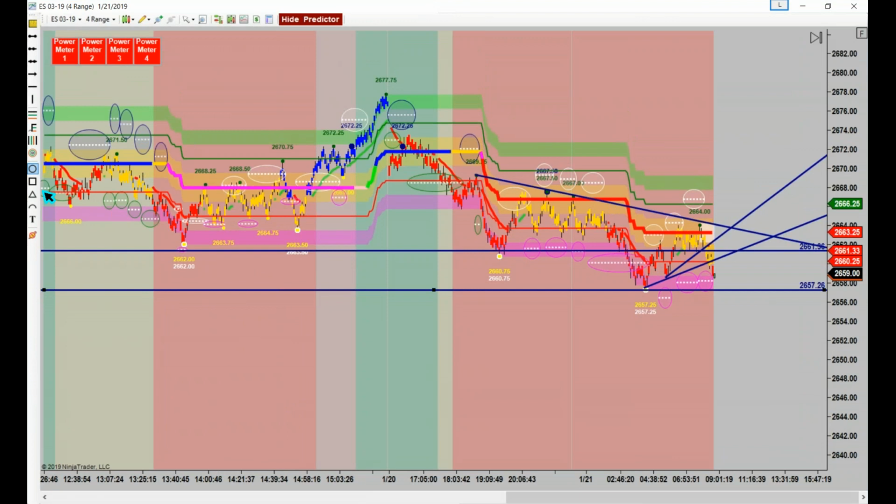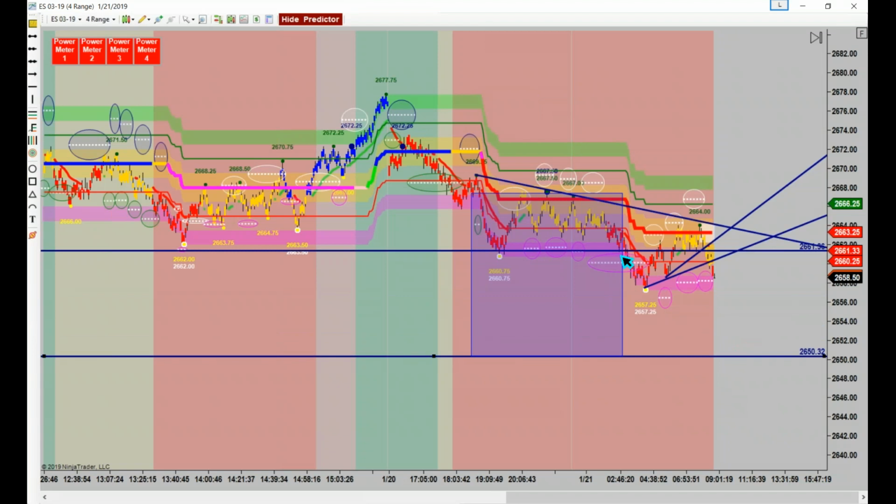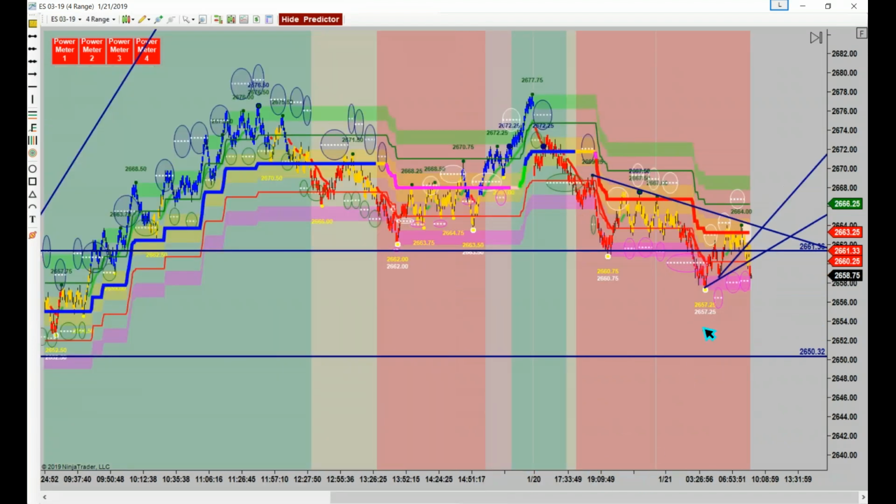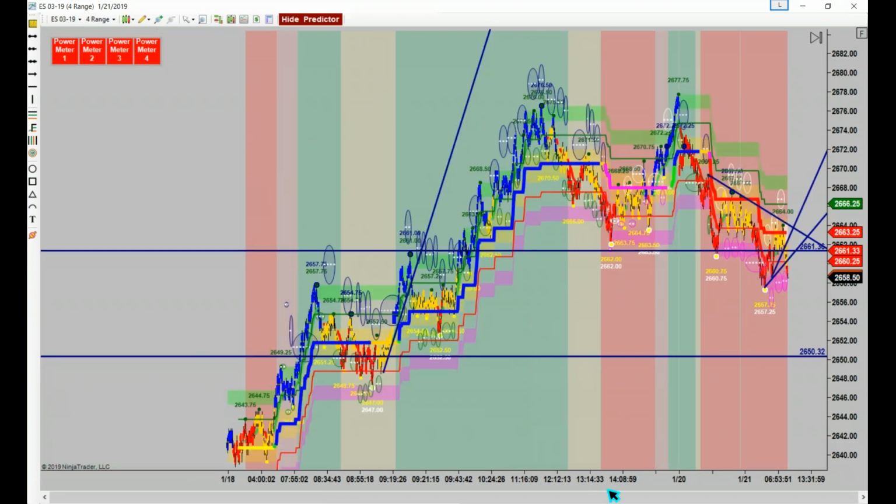Thrust, retrace, thrust. We should be able to get, let's do it from here. That's a high. Thrust, retrace, thrust. But it's got to take out this low first because remember, this is still an uptrend on the left side of the chart, short trend on the right side of the chart.